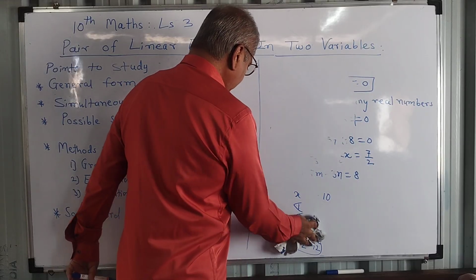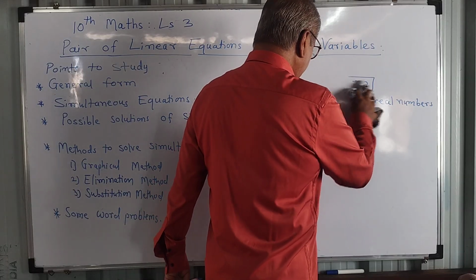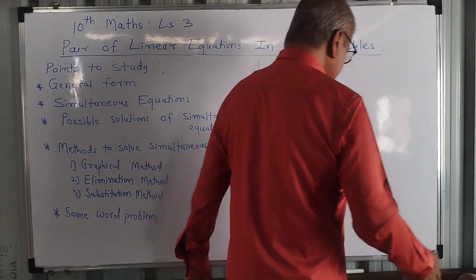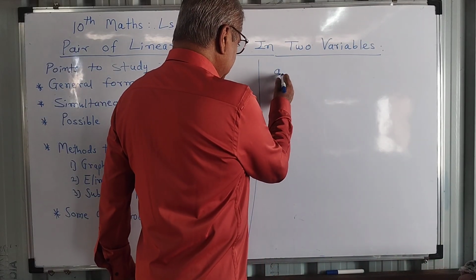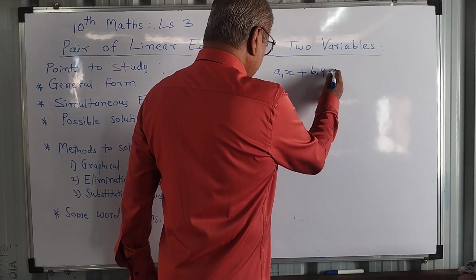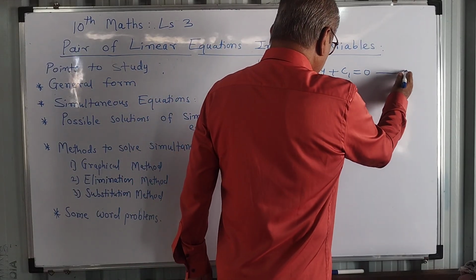Now in this lesson we will not solve a single equation, we will consider two equations at a time. Let us consider a1x plus b1y plus c1 is equal to 0, equation number 1.